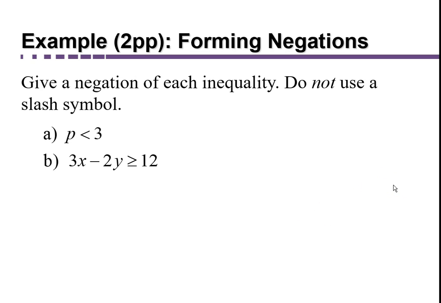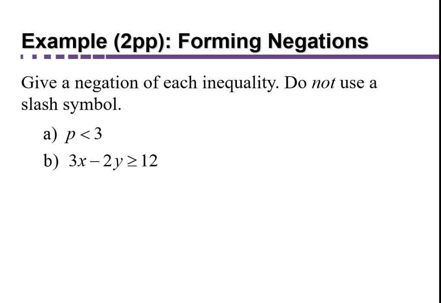They want you, for example, to be sure you are writing these examples down. That helps you to reference the work in your lecture notebook. It says, give a negation of each inequality, and then do not use the slash.